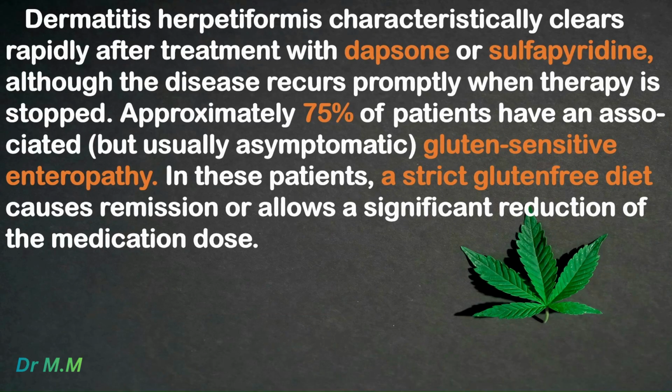Dermatitis herpetiformis characteristically clears rapidly after treatment with dapsone or sulfapyridine, although the disease recurs promptly when therapy is stopped. Approximately 75% of patients have an associated but usually asymptomatic gluten-sensitive enteropathy. In these patients, a strict gluten-free diet causes remission or allows a significant reduction of the medication dose.